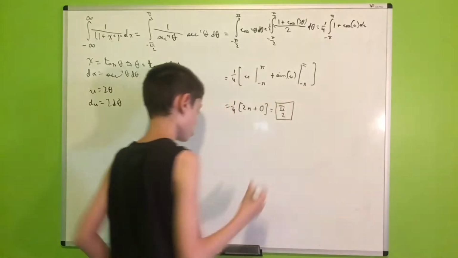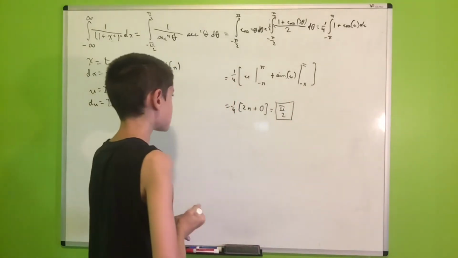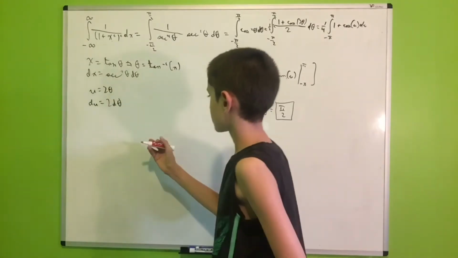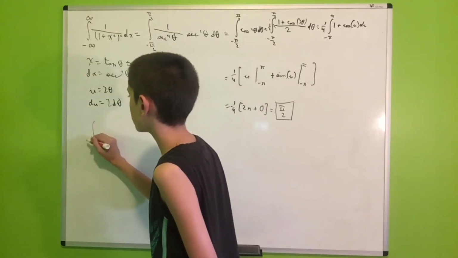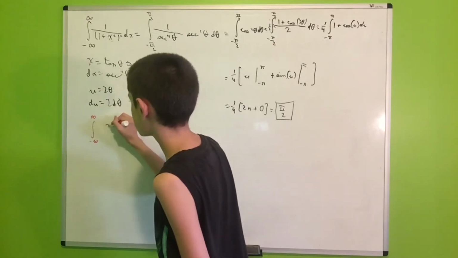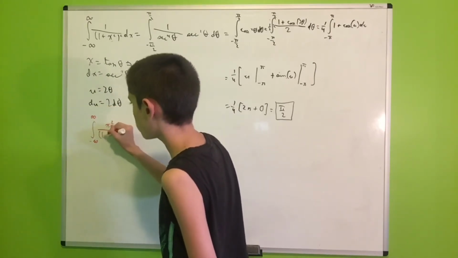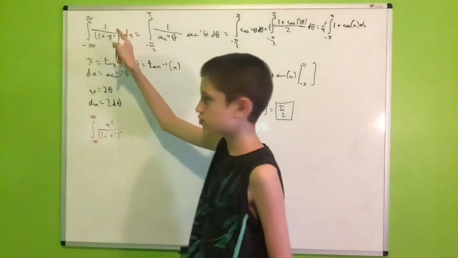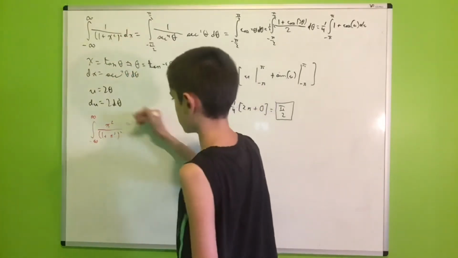So that's a nice answer, but now let's take a look at another integral. The integral from negative infinity to positive infinity of x squared over 1 plus x squared dx. And as you can see, we added an x squared in the numerator.